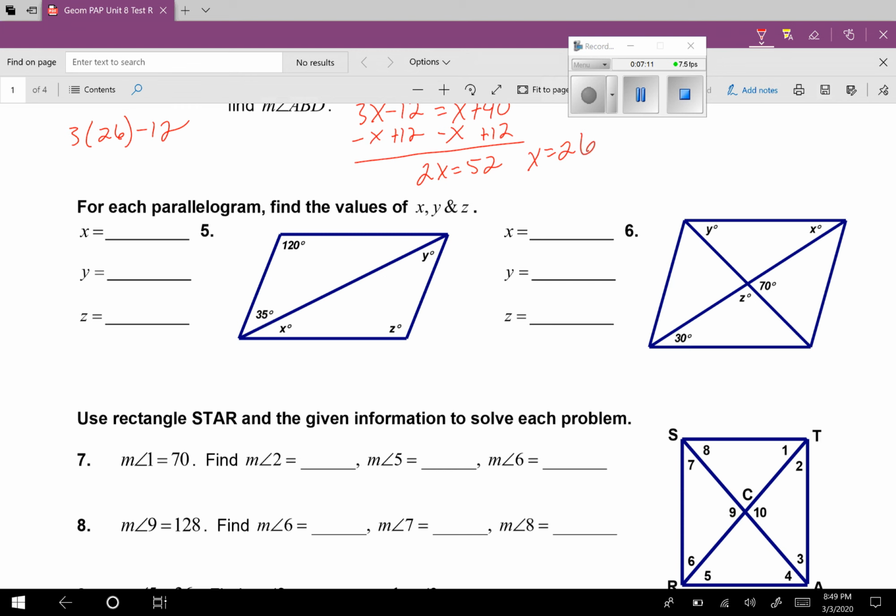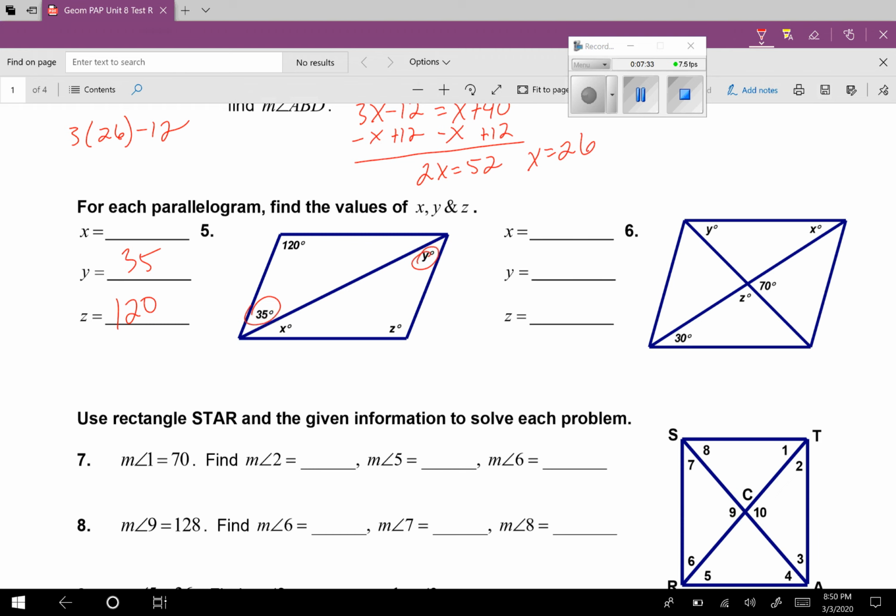Okay, for each parallelogram, find the values of x, y, and z. All right, first thing here, opposite angles are equal, so z is 120. Now, this 35 right here is the same as where y is because alternate interior angles. So y is 35.